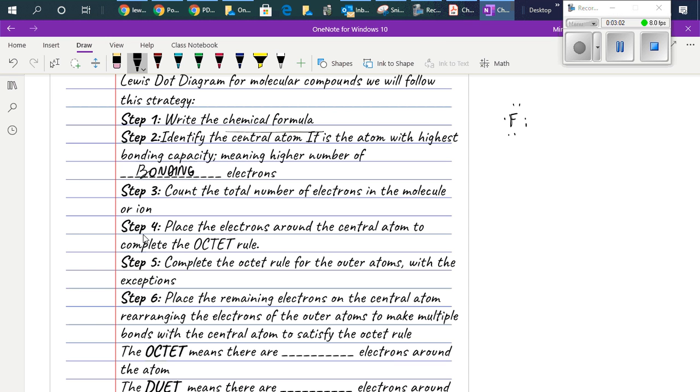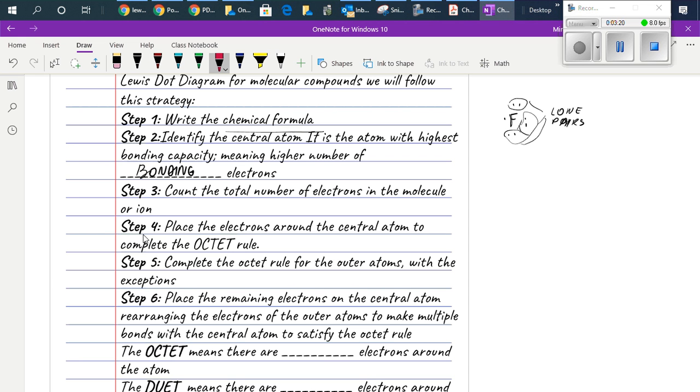What do you see here? Those electrons that are doubled, those are lone pairs, so they don't participate in creating bonds.